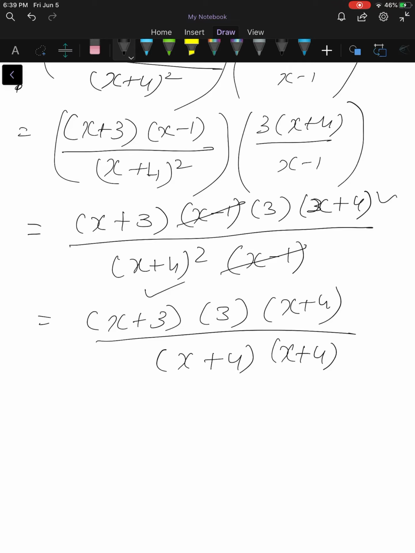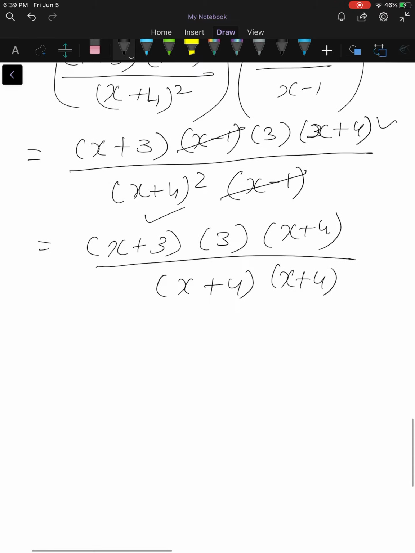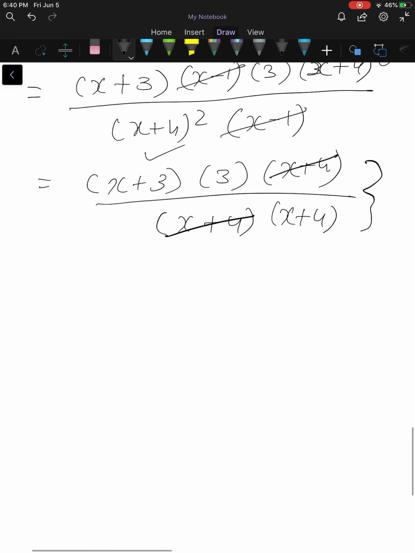This is a very simple thing. You can do it without cancelling, but if you have some complicated equations, this process really helps, trust me. So now you can cancel the numerator and the denominator. Now you are just left with 3 of x plus 3 divided by x plus 4.